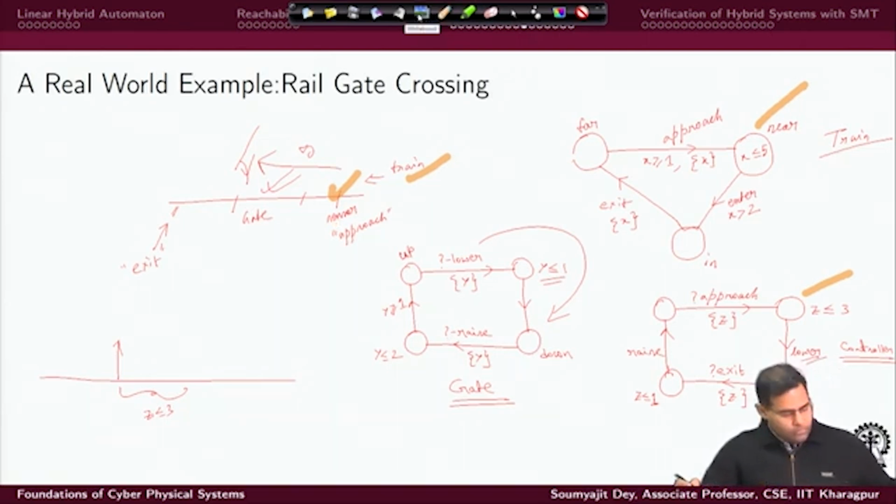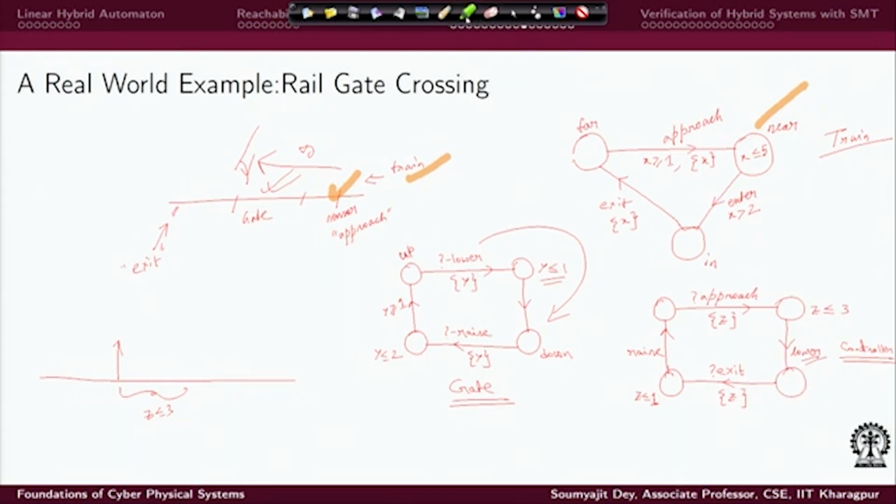Now what will happen is, inside this time the controller will move from here to, like I was saying, this, and once it has shifted to this, the gate will move from up to this, and then inside this timeline, as I was saying, it must go to the down state. Okay.